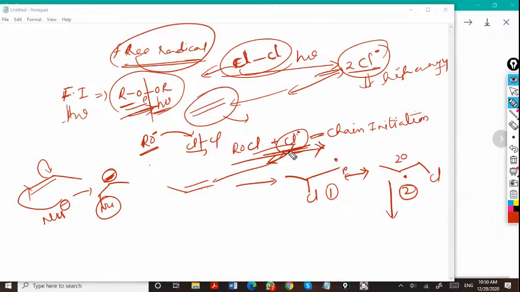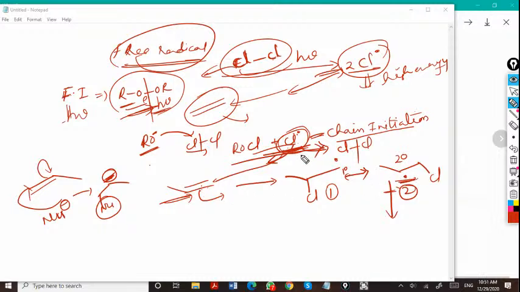Whatever radical is generated in the chain initiation step will perform radical generation until all the starting material is converted into product. The Cl that is formed will attack one more molecule of chlorine, so again Cl2 is going to break into Cl radicals, which will react with the starting material.